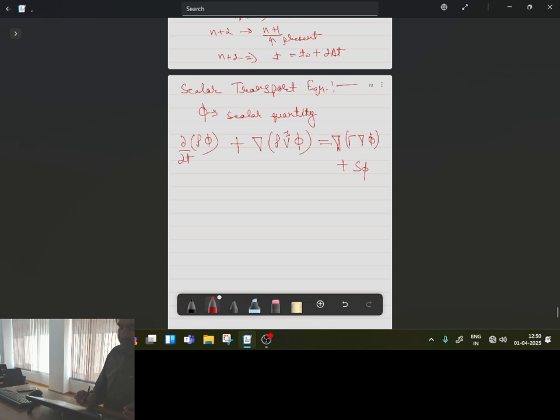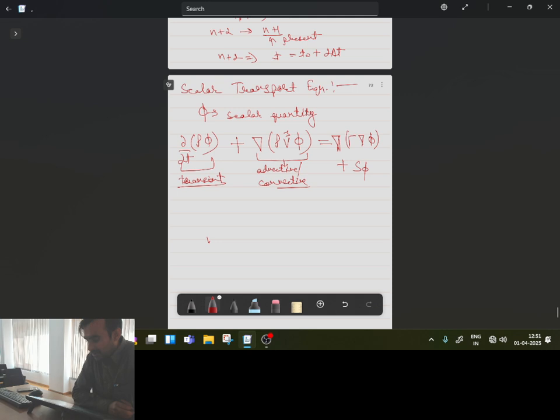What does the first term represent? It is representing the transient term, or variation in value of phi with reference to time. What does the second term represent? This is the advective or convective term. What does it represent?